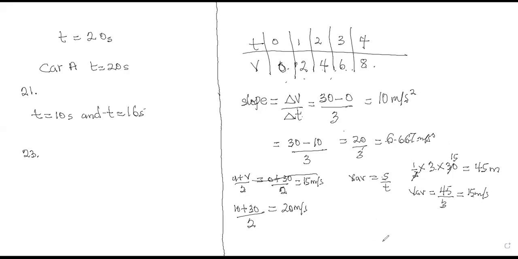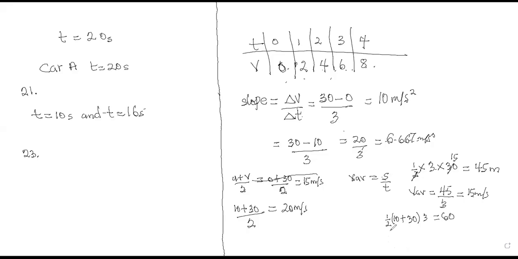Then for object D, the area is a trapezium. A is 10, B is 30, the height is 3. So we have 40, 2 goes into 40 twenty times, 20 times 3 is 60, totaling 60.